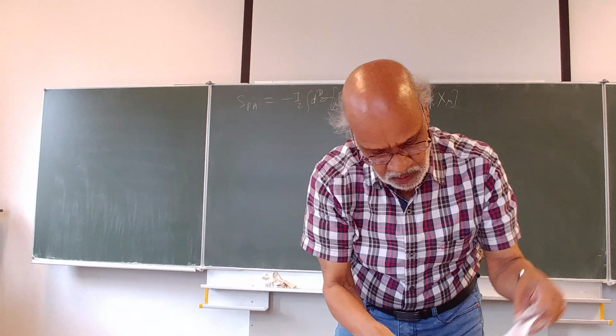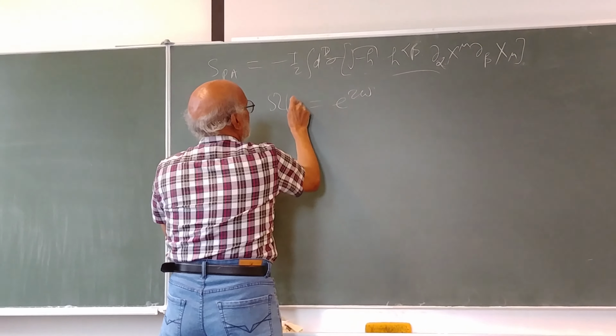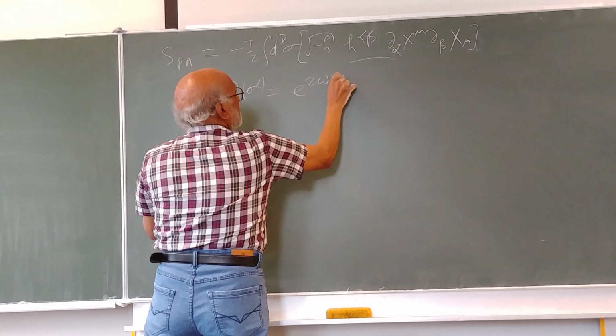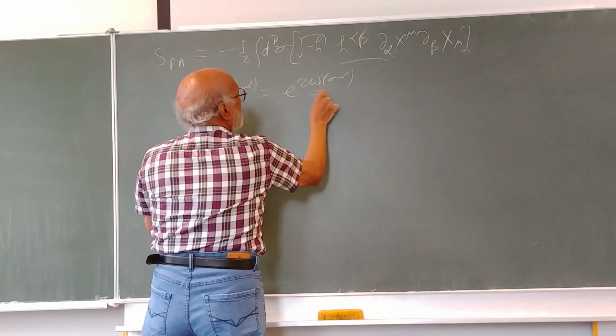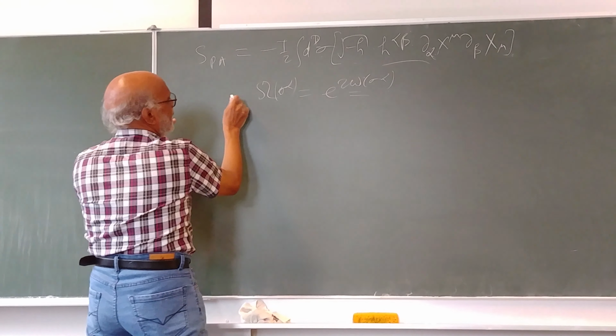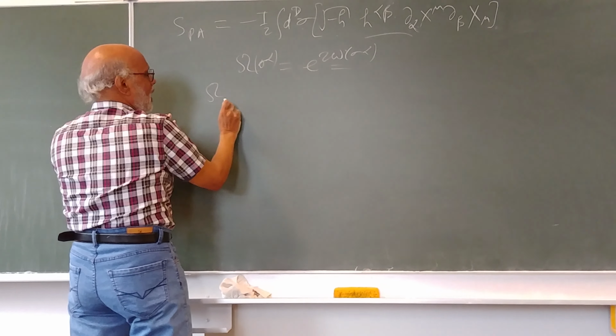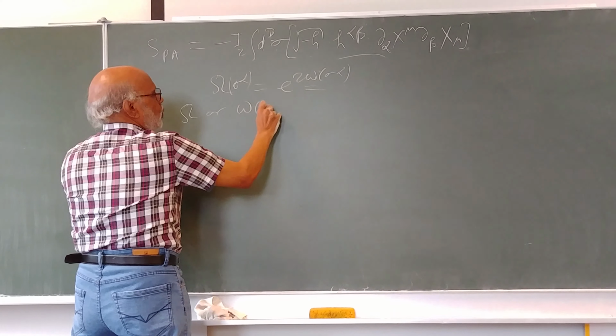We had one gauge parameter for Weyl transformation, for Weyl symmetry. Whether we call it capital omega or small omega, this is a function of sigma alpha. So we have one gauge parameter, either capital omega or small omega.